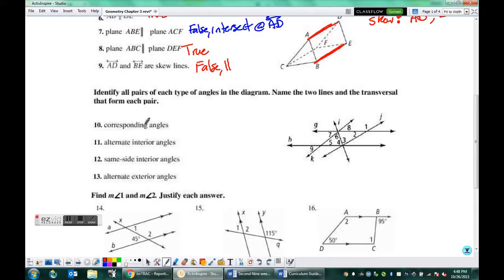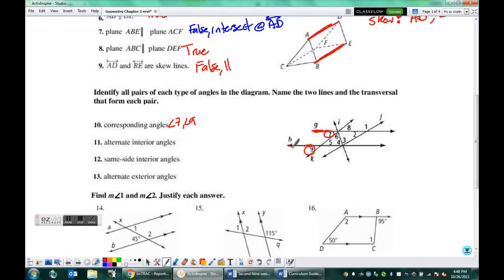For the next one, I'm just going to give a quick example of one of each. You should be able to figure out the method after that. Corresponding angles, remember, are in the same corner. If I look, I've got 7 and 9. So angle 7, angle 9.